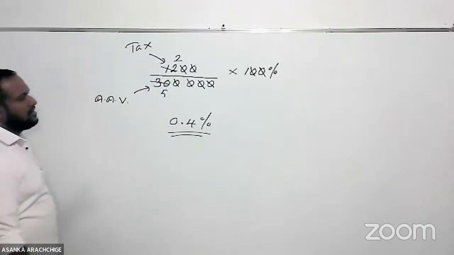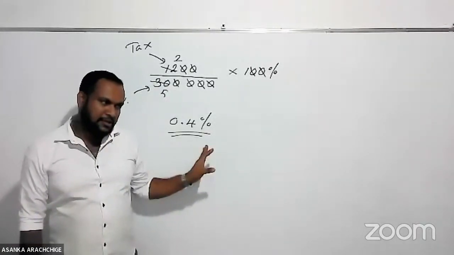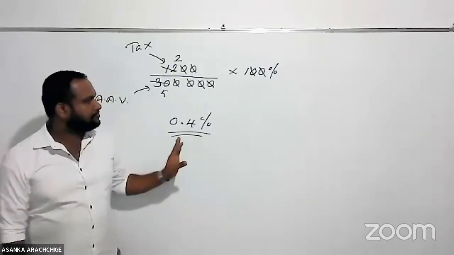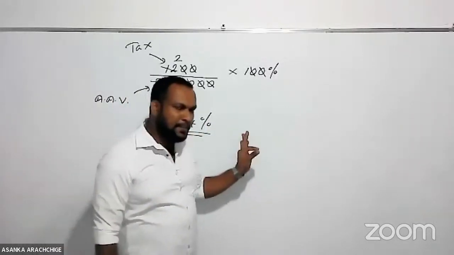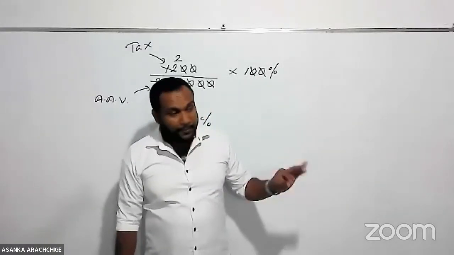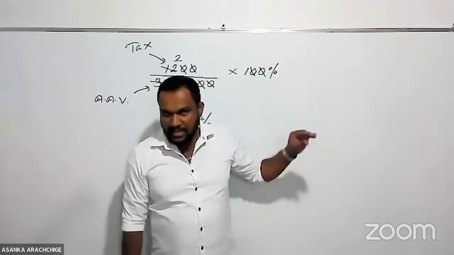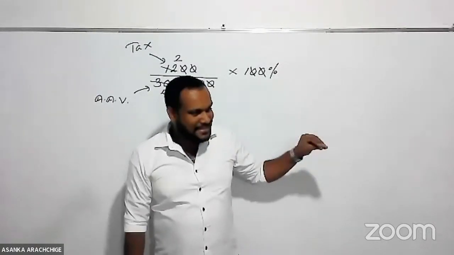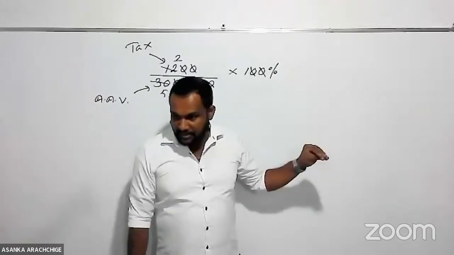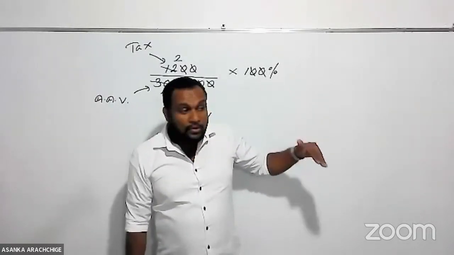Could you understand the way I solve this? This particular tax is charged upon the annual assessed value of the property. This special tax is charged upon what, son? Upon the annual assessed value.